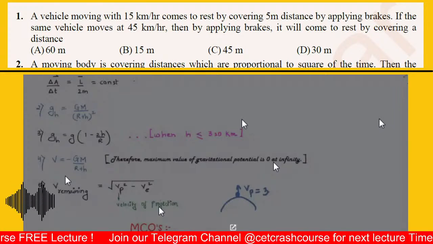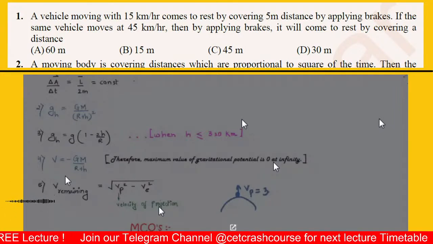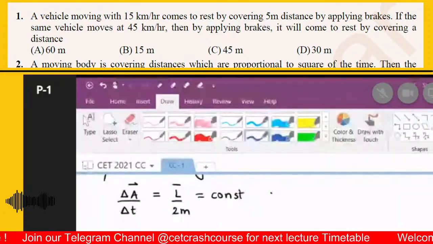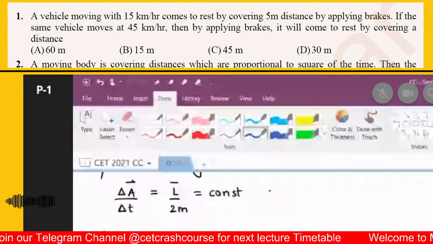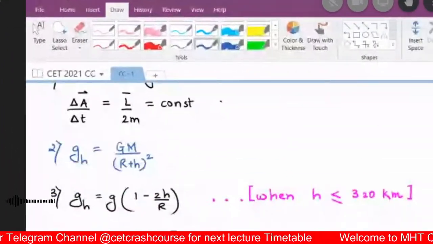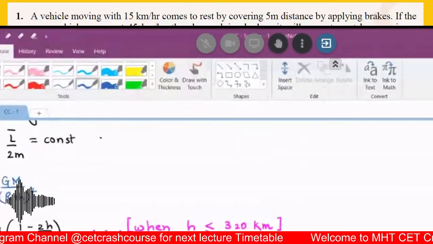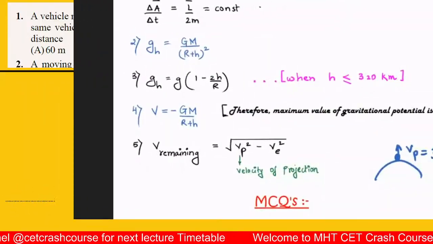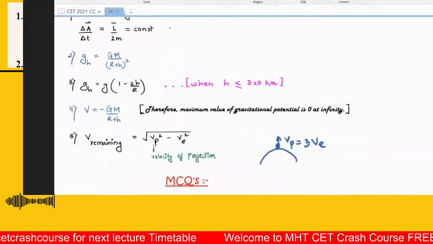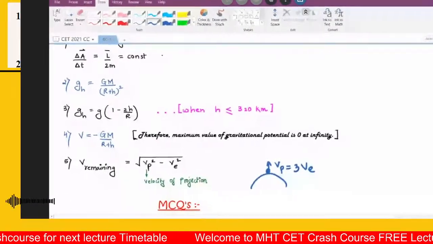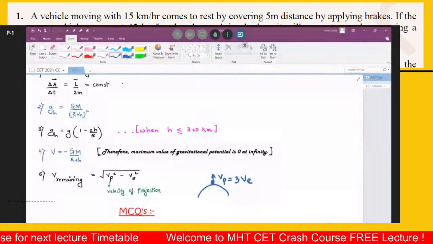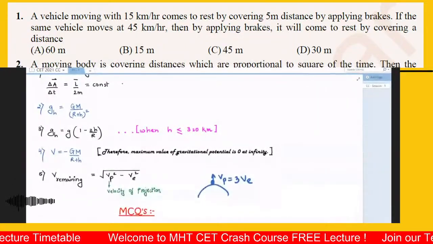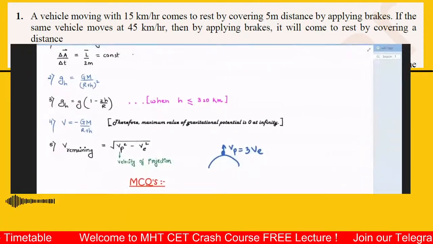Then definitely they can ask you where this object will reach. Your answer is, if we are throwing the object with 3 times the escape velocity, the object will escape. It means it will reach infinity. Now, if the object reaches infinity, what will be the remaining velocity at infinity?